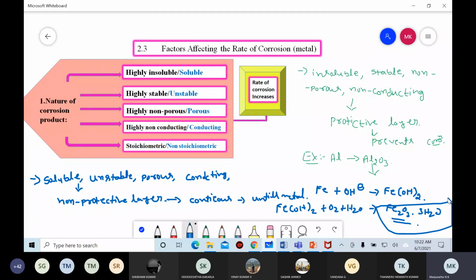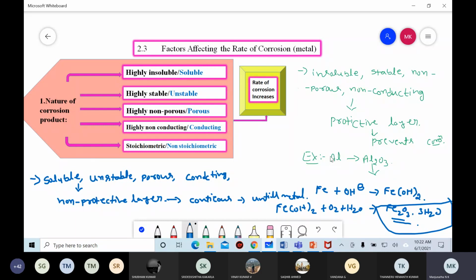First, if the corrosion product is insoluble, stable, non-porous, and non-conducting in nature, it acts as a protective film or protective layer and prevents further corrosion of the metal. For example, aluminium, titanium, platinum, etc.